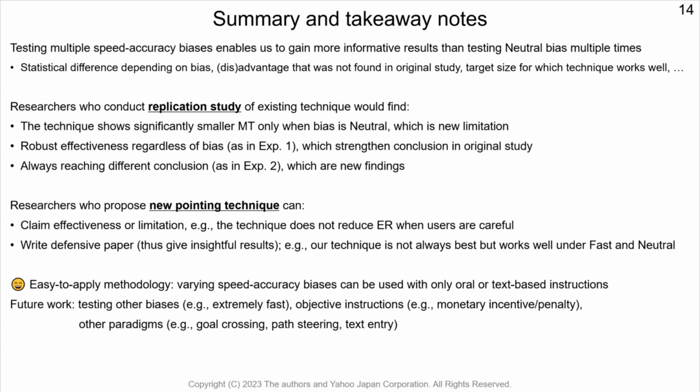This enables researchers to write a defensible paper with more insightful results. This methodology is easy to apply because varying speed accuracy biases can be done with only oral instructions or text-based instructions. Our future work includes testing other biases, objective instructions, and other operation paradigms.